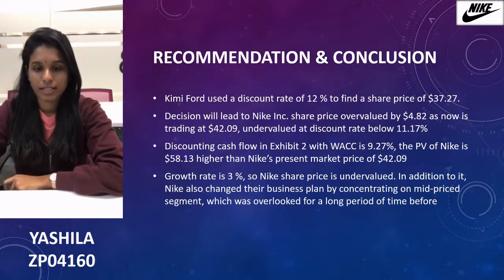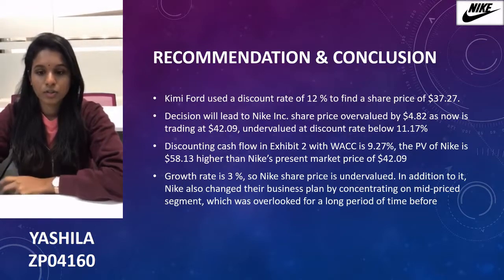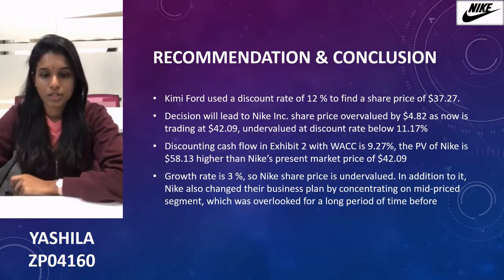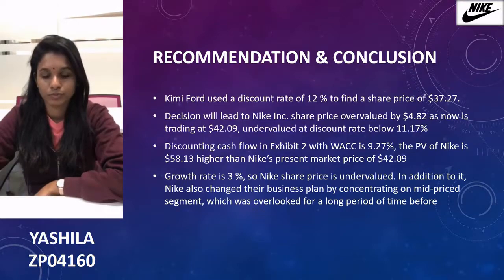The PV of Nike is 58.13, higher than Nike's present market share price. With a growth rate of 3%, Nike's share price is undervalued. In addition, Nike also changed its business plan by concentrating on the mid-price segment, which was overlooked for a long period of time. Thank you.